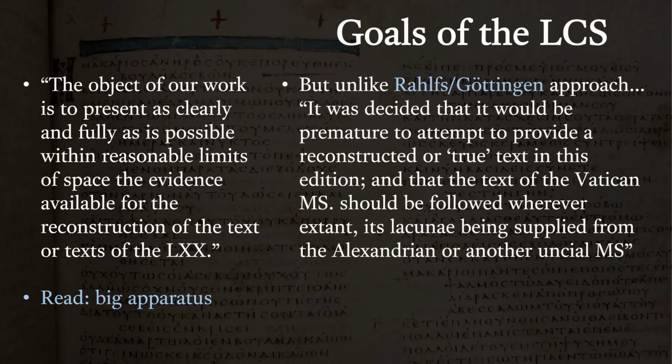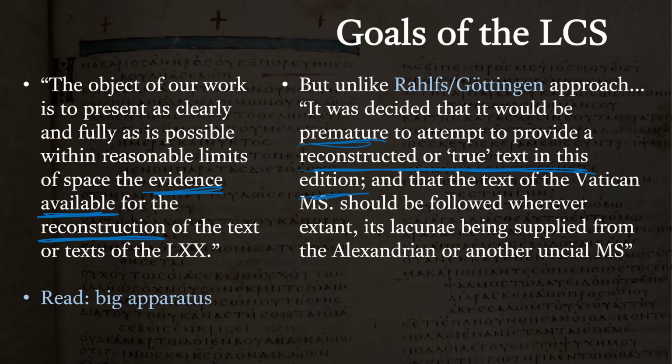However, and this is very different from the Rahlfs or Göttingen approach, they further say what they mean by the evidence available for the reconstruction. Here's what they mean: it was decided that it would be premature, keep in mind they're in the late 1800s, early 1900s, to attempt to provide a reconstructed or true text in this edition.